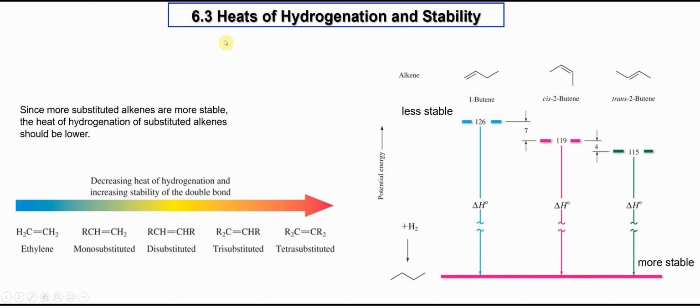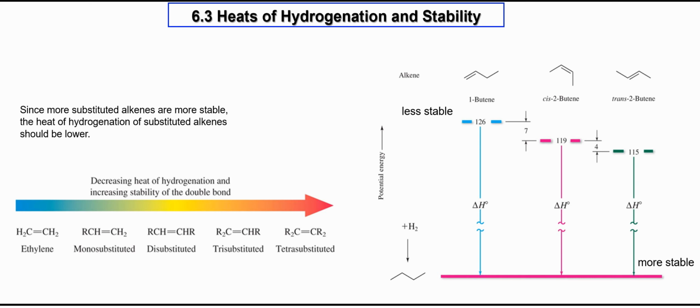You are also going to use the heat of hydrogenation to measure it. If the heat of hydrogenation is very high, the related molecule is not stable. On the other hand, if it is very low, the molecule has a lower heat of hydrogenation, so its reactivity will be enhanced.